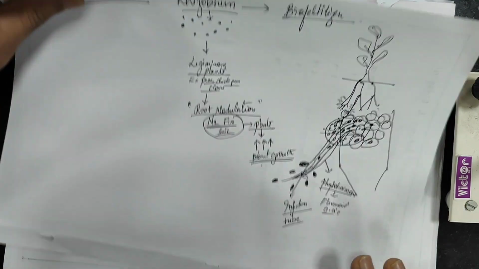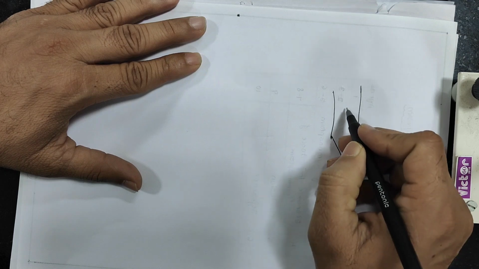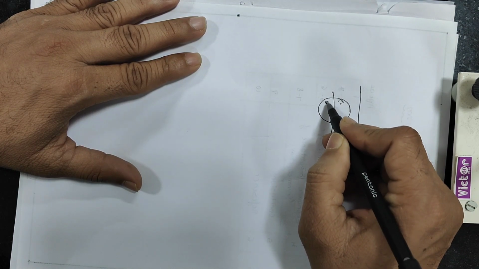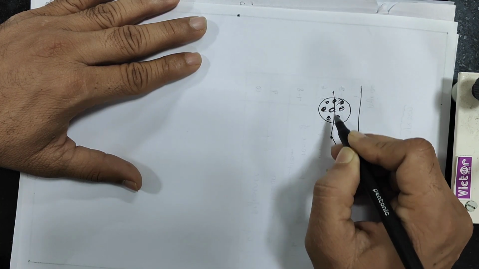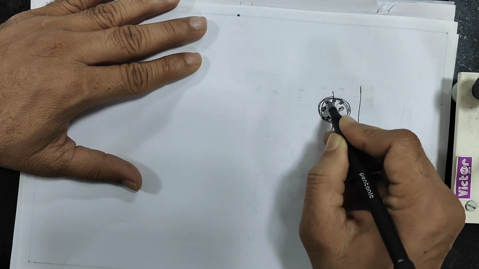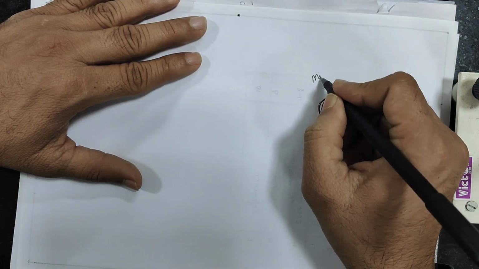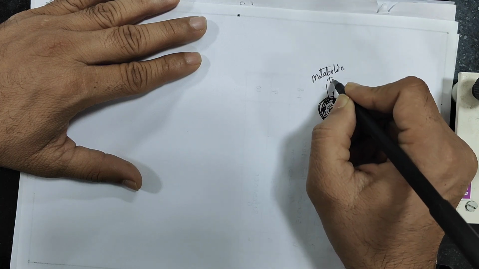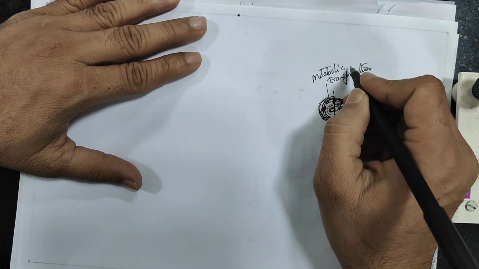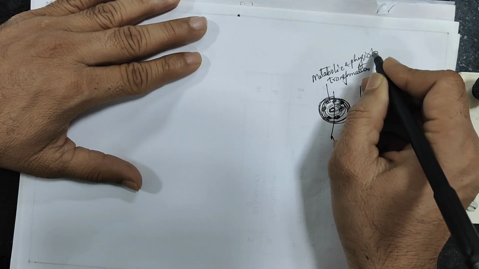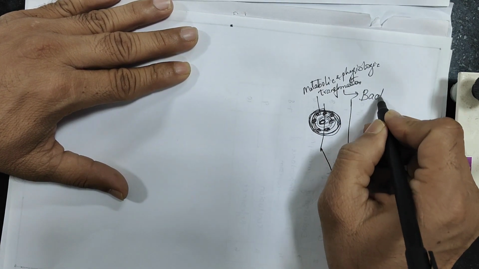So let us see what happens now. Once it reaches, it forms nodules, and this nodule, what you are seeing, contains Rhizobium bacteria which undergo metabolic and physiological transformation to form a condition called as bacteroids.